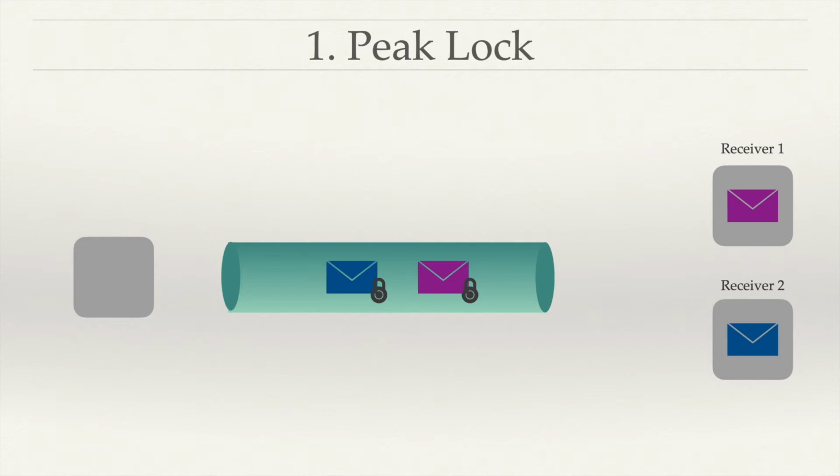So by using the peek lock, we are not deleting the messages. We are asking the queue to lock the message for the time being while the receiver is processing it. And if the receiver abandons the message, then the lock will be released and it will be available to the next processor.